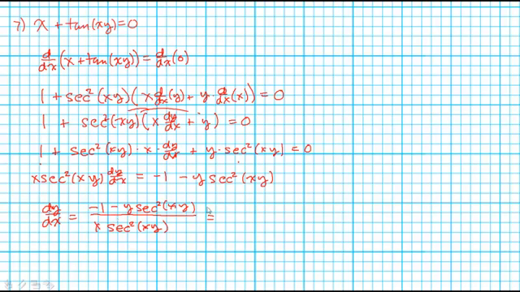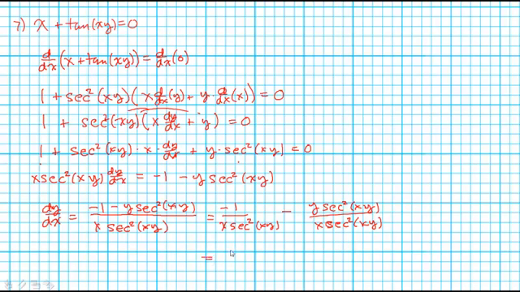It looks like it has a common denominator, so they're going to call it negative 1 over x secant squared xy, minus y secant squared xy over x secant squared xy.